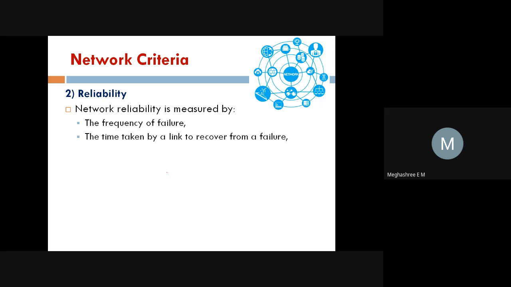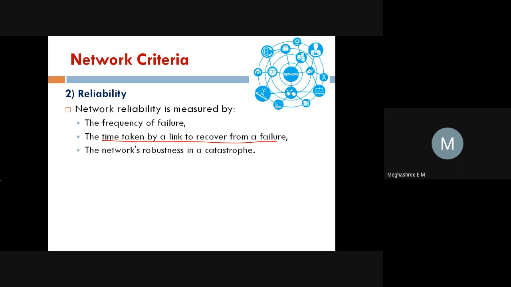The second point is the time taken by a link to recover from a failure. If there is a link failure, then it should be recovered at a faster rate. Then only you can rely on the network.